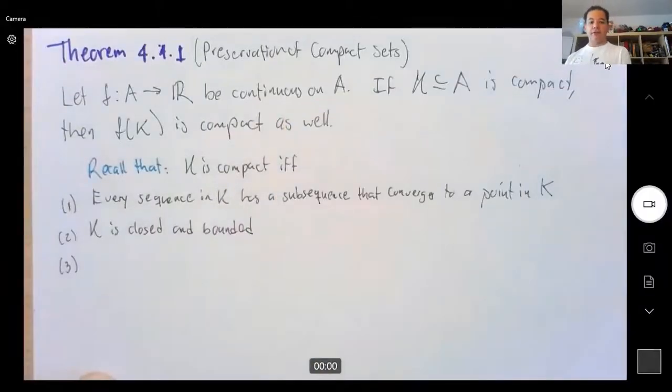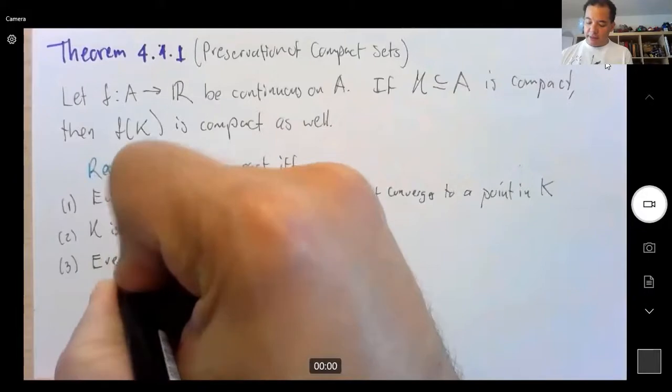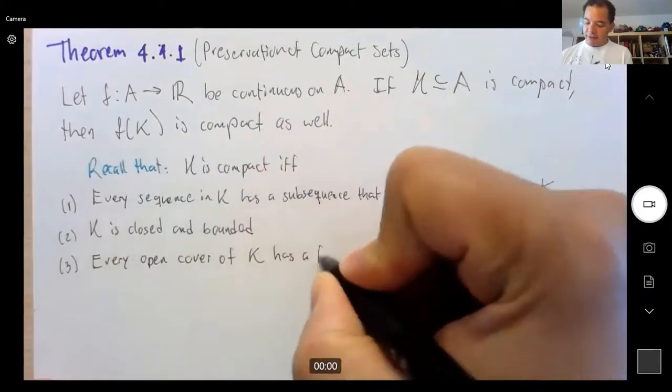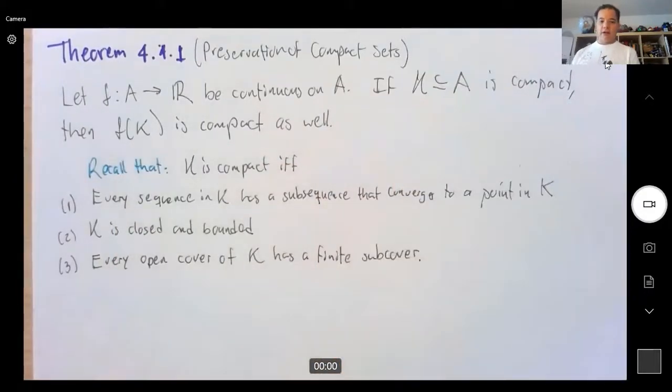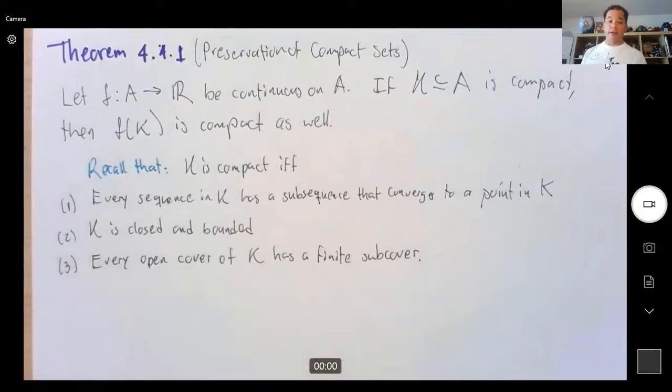And the third one was kind of a weird one, but it's also very useful: every open cover of K has a finite subcover. So compact means for us whichever one of these three we feel like using.